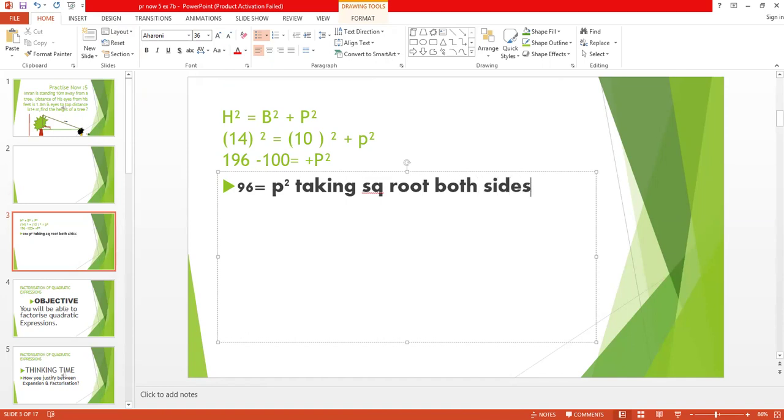After taking square root, I have to find the value of p.